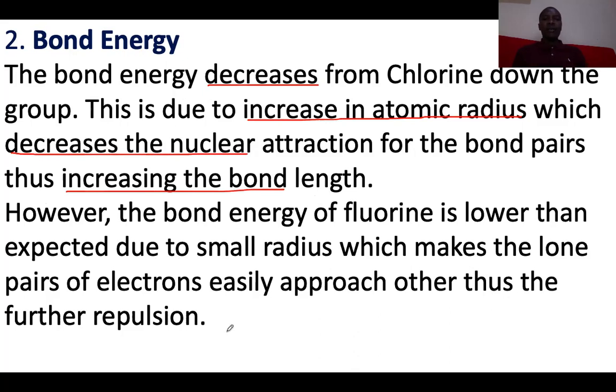So we're saying that the bond energy of fluorine is lower than expected due to its small radius, which makes the lone pairs of electrons easily approach each other. And therefore, there is further repulsion. And of course, when there is further repulsion, we expect an increase in the bond length. Therefore, the bond energy does what? Decreases. So that's why it is having lower bond energy than expected.